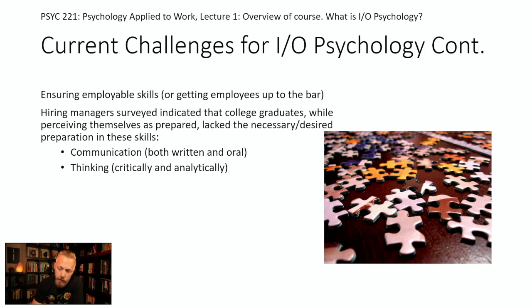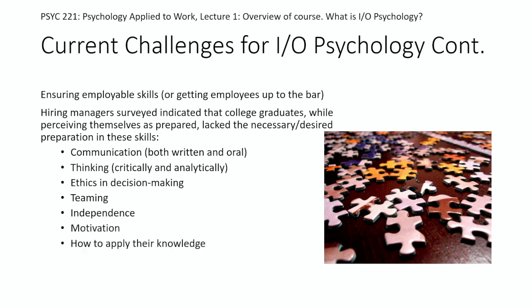Same thing with thinking critically and analytically. Same things with the framework people use to make decisions, how they view things from an ethical perspective, how well a new hire works in a team, how well they work independently, how motivated or not they are, and how they apply the knowledge that they've learned.